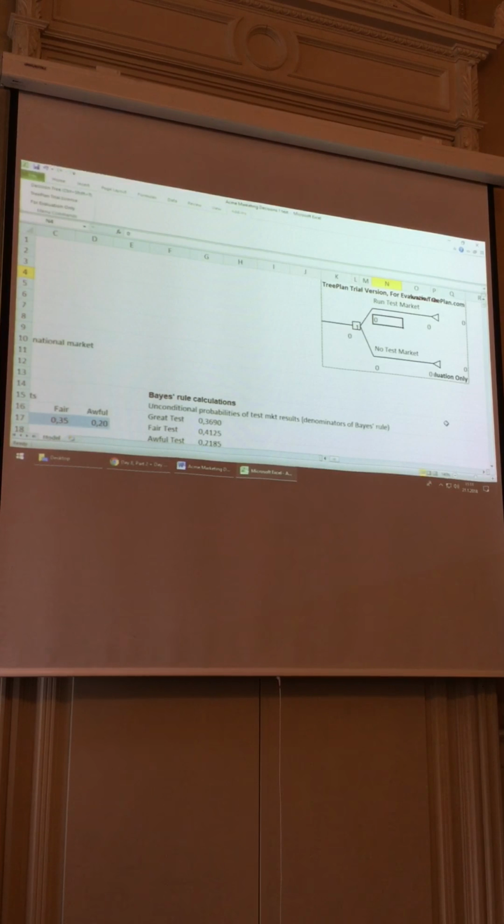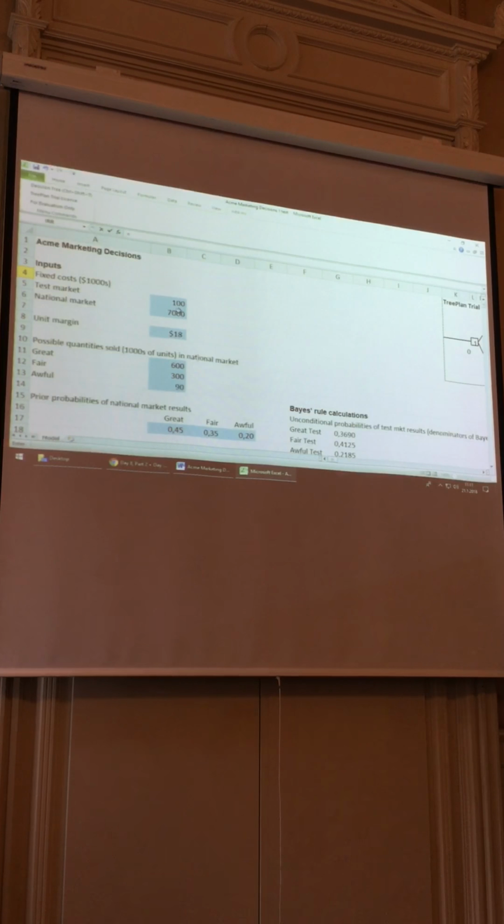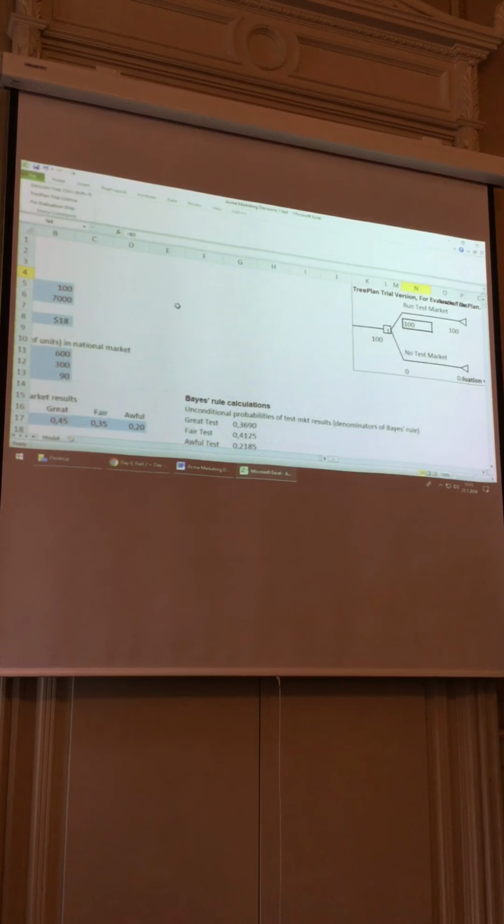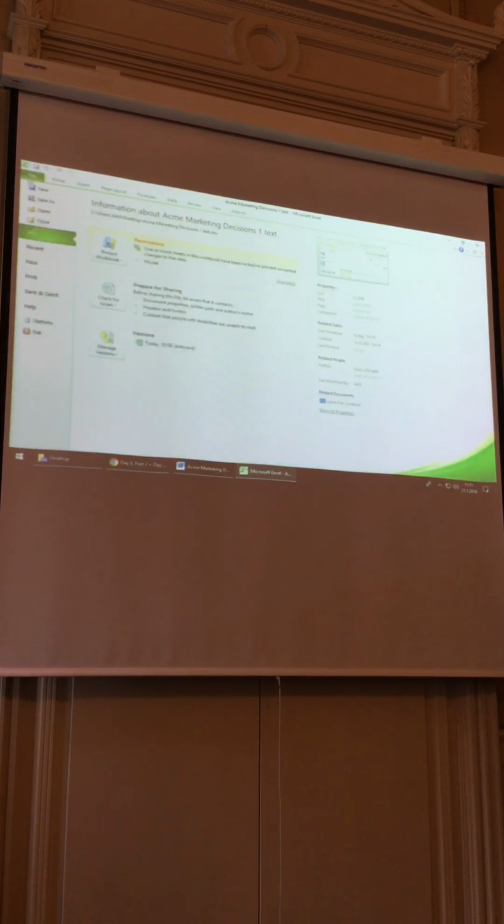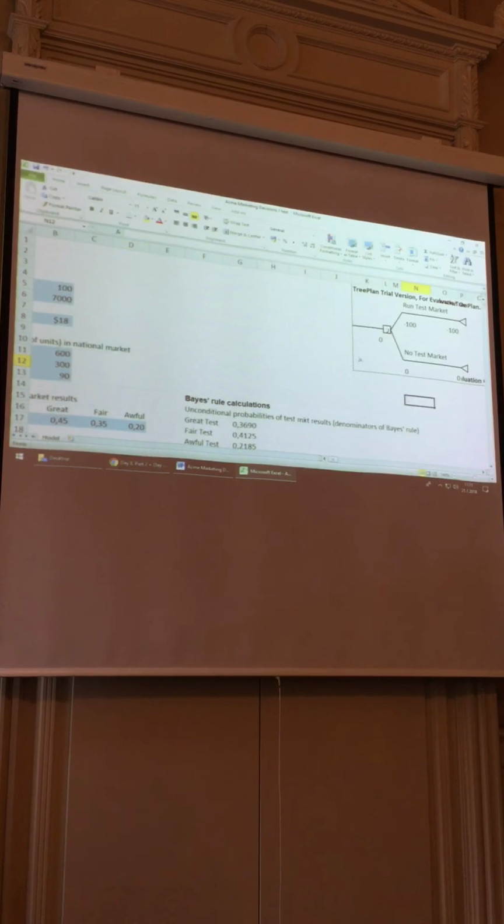And the cost of running the test market was minus 100. Minus 100. B5. Let me save this because I'm waiting for it to crash anytime now.